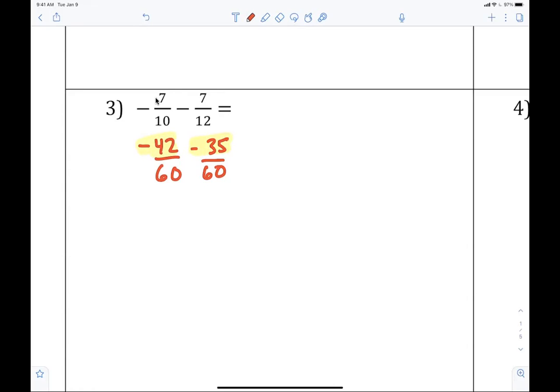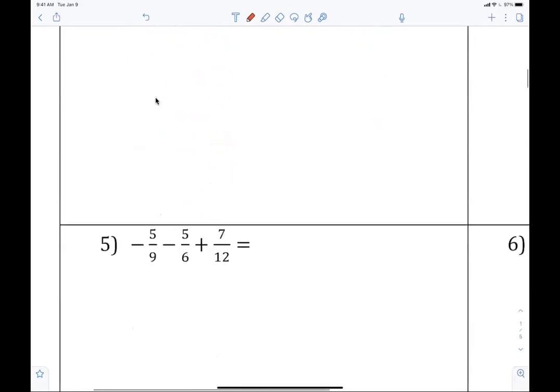But they're both negative, so I want you to add them. So when I add them, what am I getting? 77. Yep, what kind of 77? Negative. That's perfect. You with me on that? So just double check your mistake. If you made a little mistake, you should be starring it so you can do it again to review.